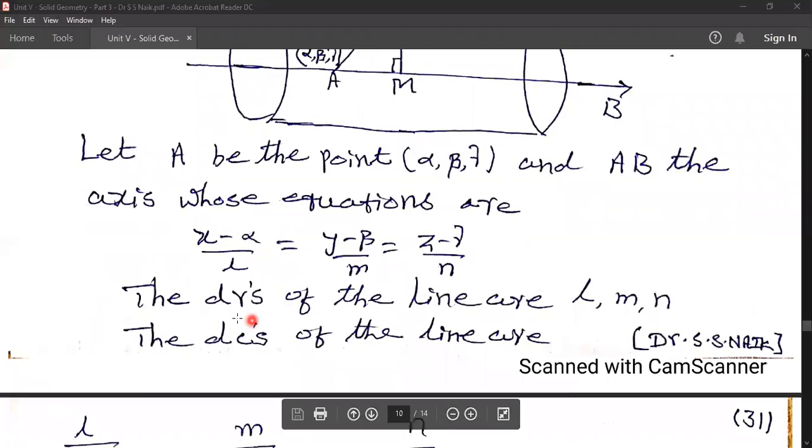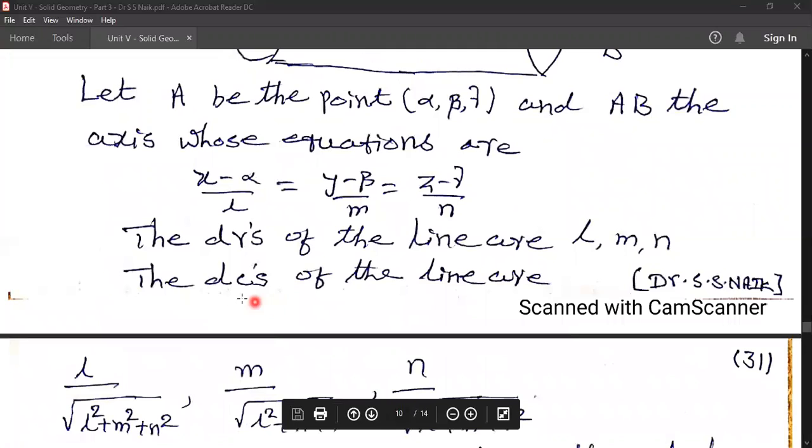Then we find the direction ratios of the line, which are the denominators. So this is L, M, N. They are the direction ratios of the line. Now you want to find the direction cosines. Then how to find the direction cosines?